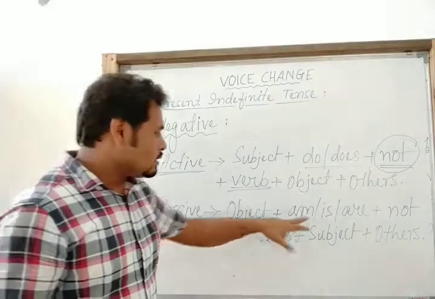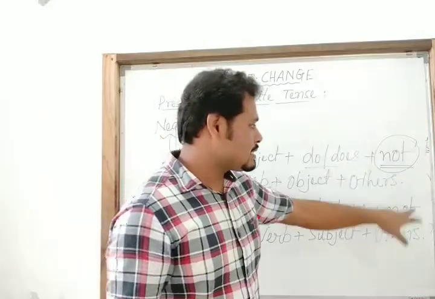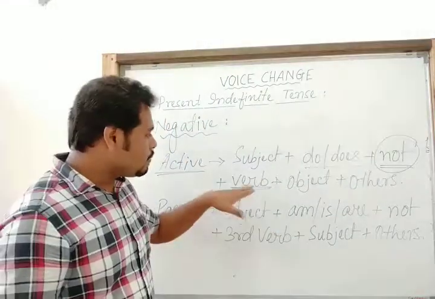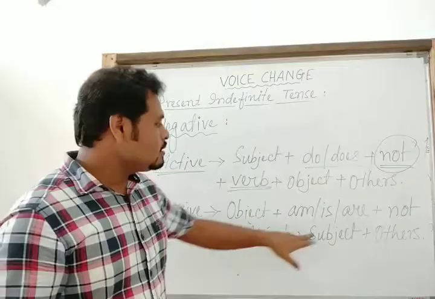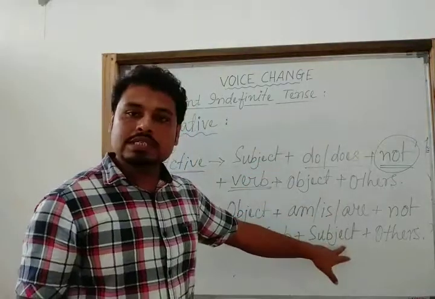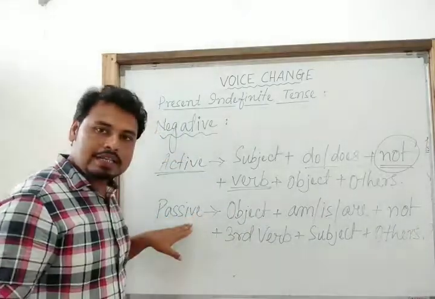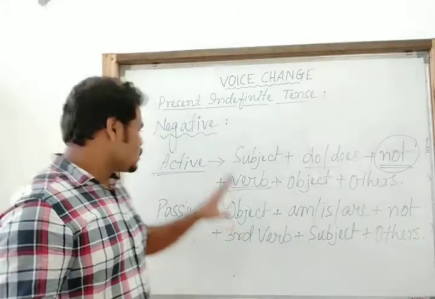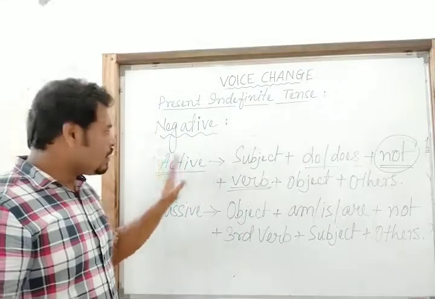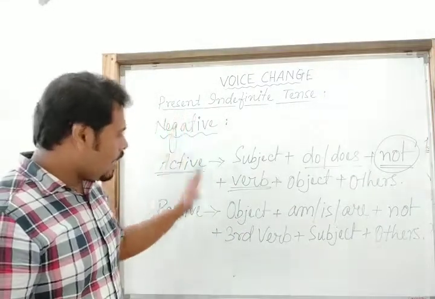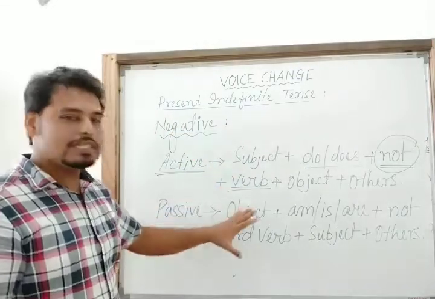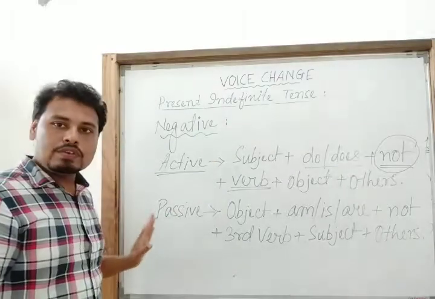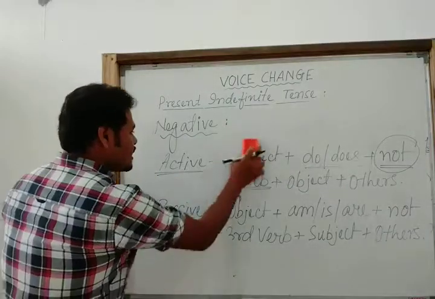Then we have to use that not, as it is implying the negativity of the sentence. Then the third form of this verb, and then this subject we have to use here in place of the object in passive sentence, and obviously the rest others we have to use. So this is the structure. Now let us come with a sentence following this structure, and let us try to change that sentence from active to passive. So let us try it.